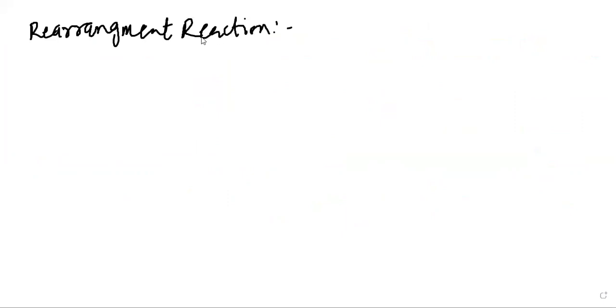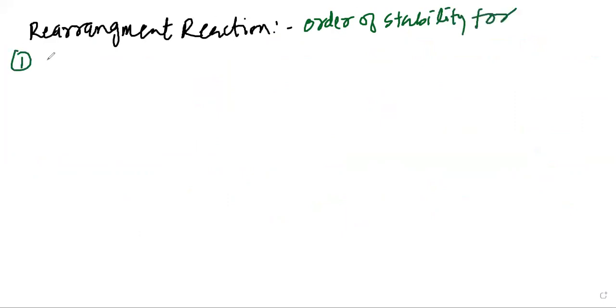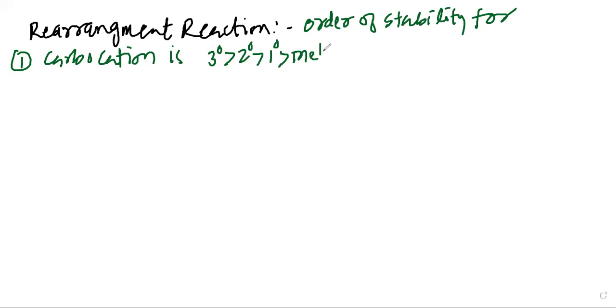We have studied that the order of stability for carbocation is tertiary greater than secondary greater than primary greater than methyl carbocation.